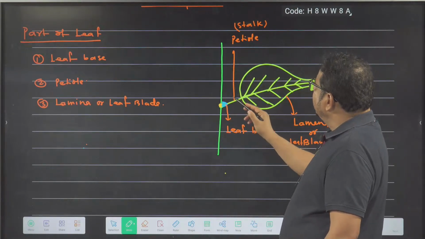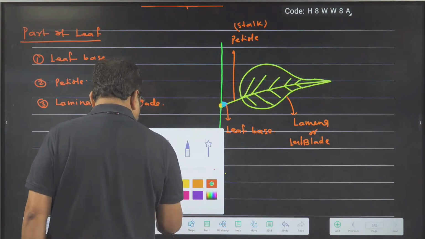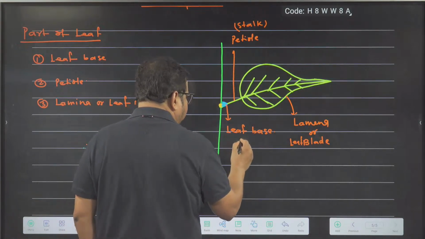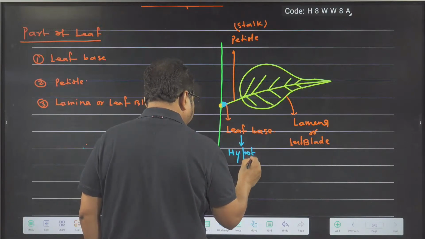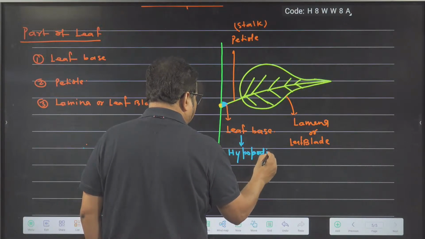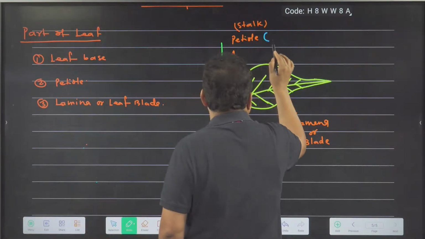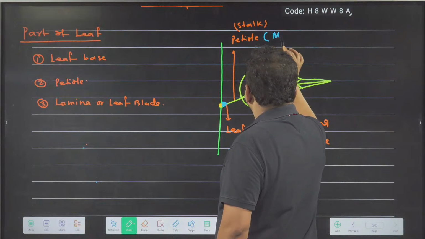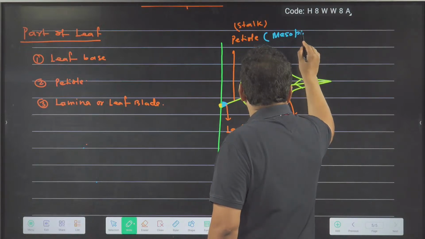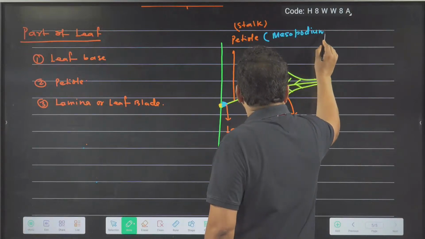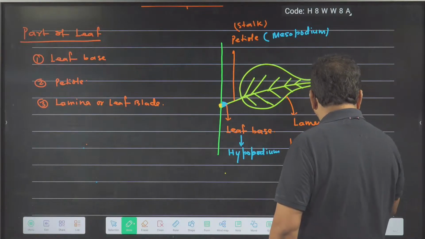The basal part, the leaf base, has another name as well. The leaf base is also called hypopodium. Right? The petiole, or stalk, is also called mesopodium. And the flattened lamina is also called epipodium.